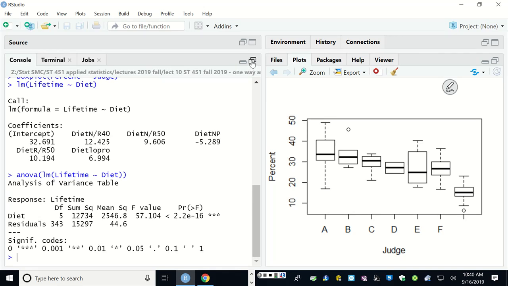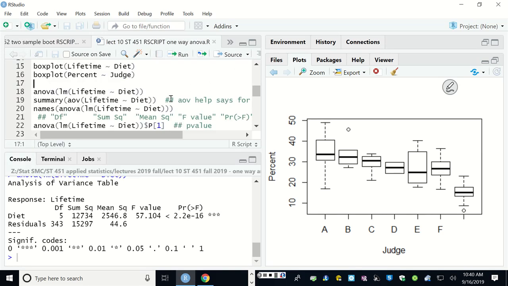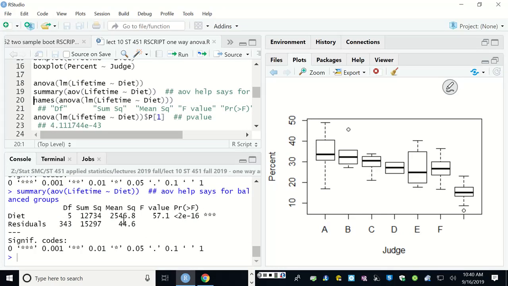We'll go over the ANOVA table and exactly what the entries are, but I'll just show you a little bit more. So there's an AOV, which is a different command for analysis of variance. In there it gives the same output. It's kind of two different implementations. The ANOVA command and the AOV or summary in R, as technical things, are actually these lists that have a bunch of different things.